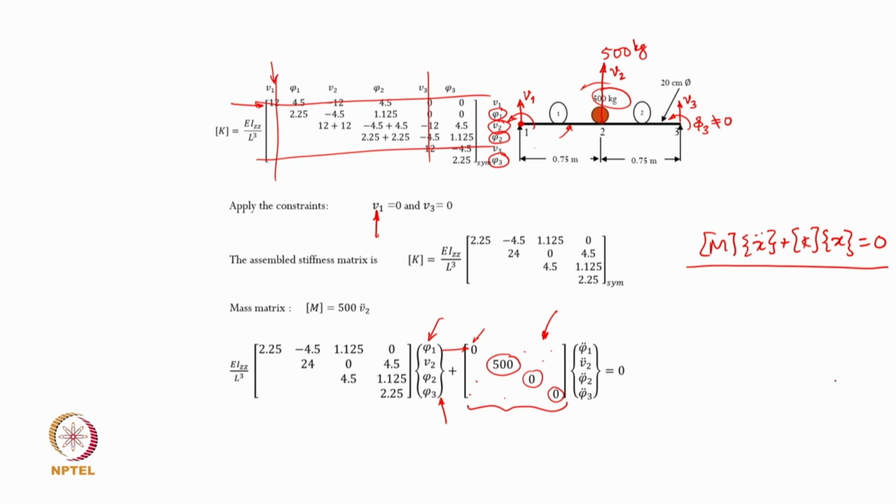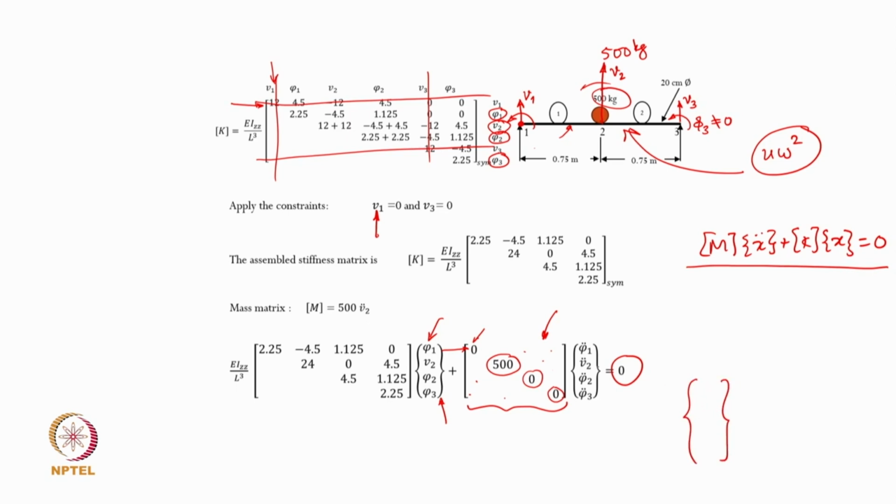Or if you want to find out the response of this shaft if the disc has an unbalance, which is u omega square, then instead of the right hand side being 0, you will have the excitation function here.